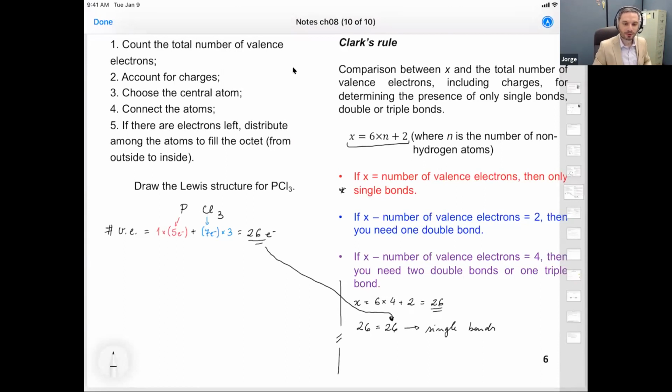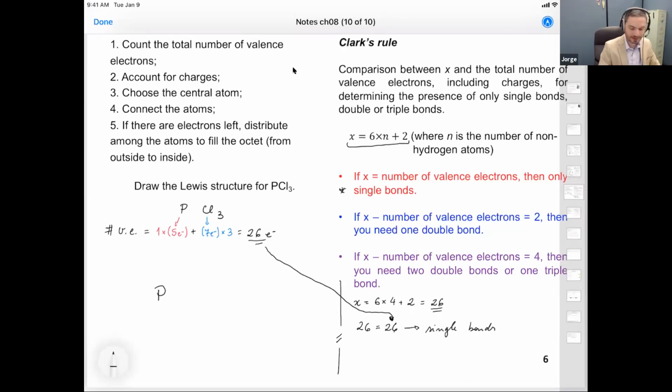Now that we know the number of valence electrons and that the atoms are only connected using single bonds, the next step is to draw the structure. The central atom is usually the largest atom in the structure.